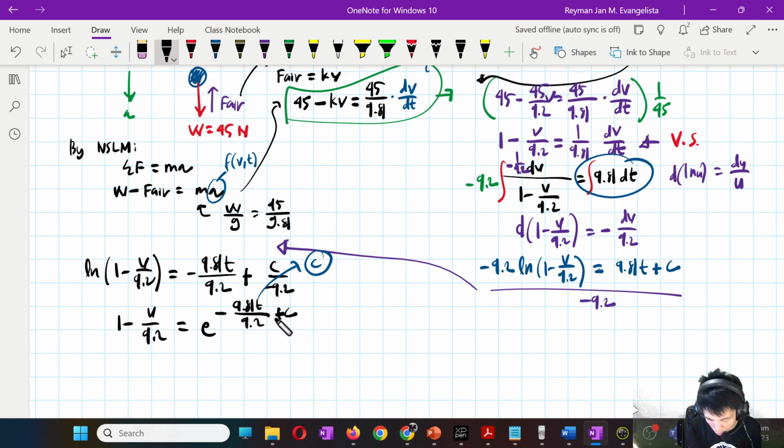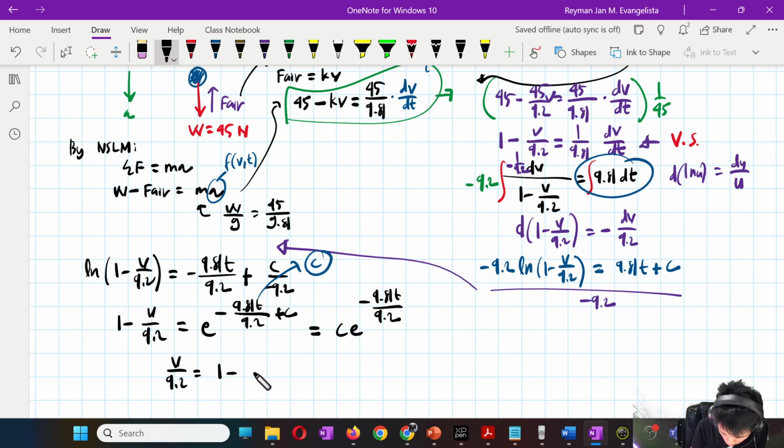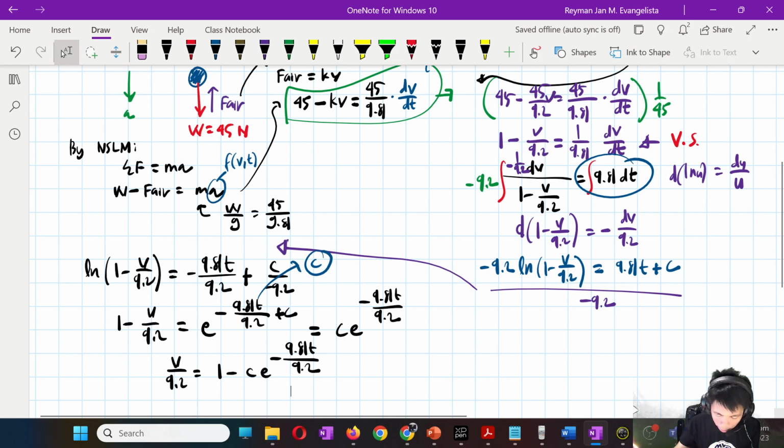We have a sum of terms in the exponent, so we can separate that and write it as c e raised to negative 9.81 t over 9.2. Then transpose this expression on the left, and this expression on the right, and then flip. So you will get v over 9.2 is equal to 1 minus c e raised to negative 9.81 t over 9.2.